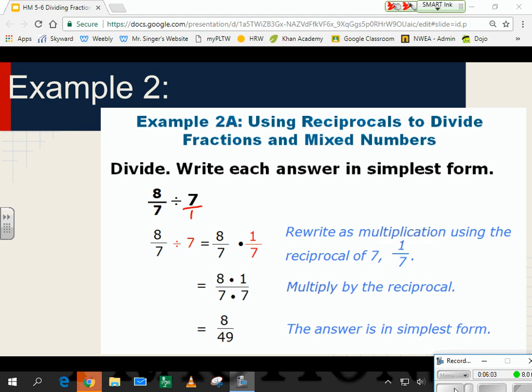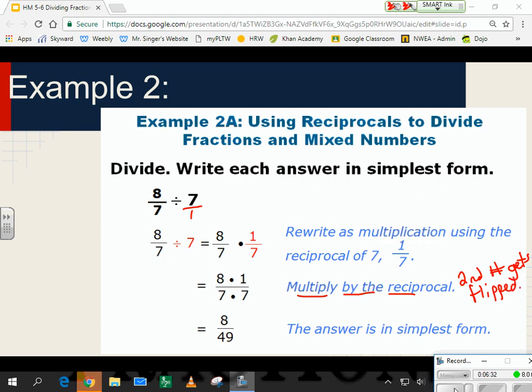So when you rewrite 8/7 divided by 7 as you see there, you then have to rewrite it as multiplication using the reciprocal. Now, remember, we're multiplying by the reciprocal. By the reciprocal would tell you that you're going to reciprocate the second number. So the second number gets flipped.